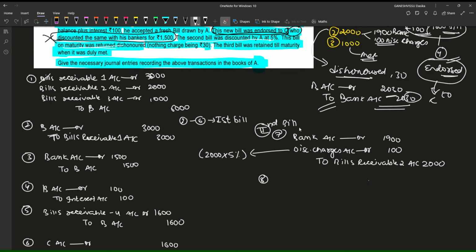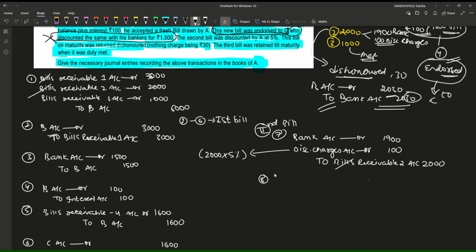About the second bill we are seeing now. The second bill which has been drawn has been dishonored. We made bills receivable debit and now we are making bills receivable credit. That means 2000 bills receivable is removed from our books. The bill which was given to the bank was returned dishonored.